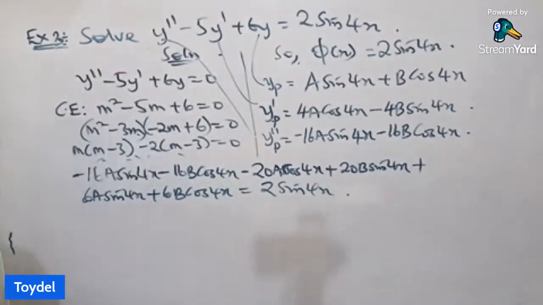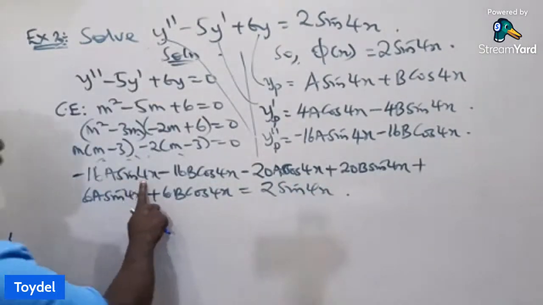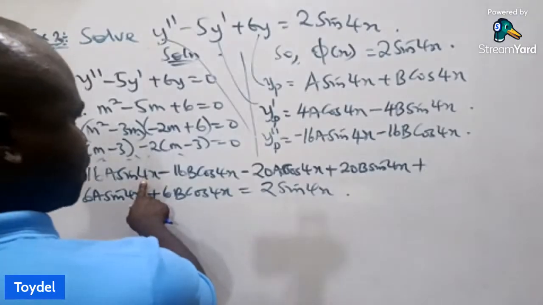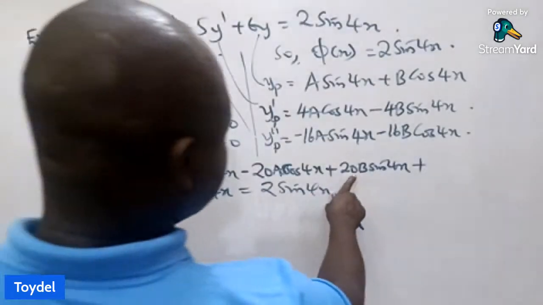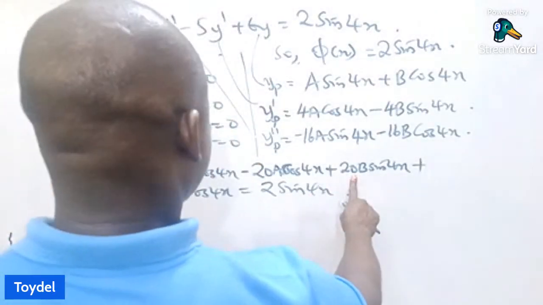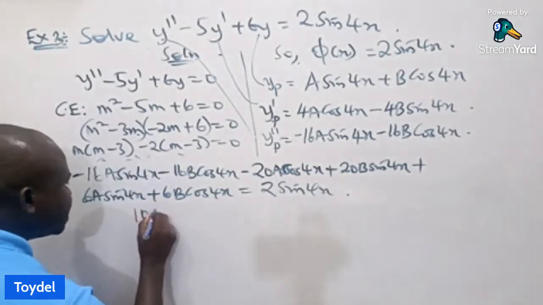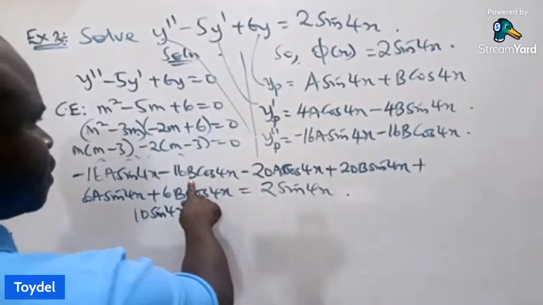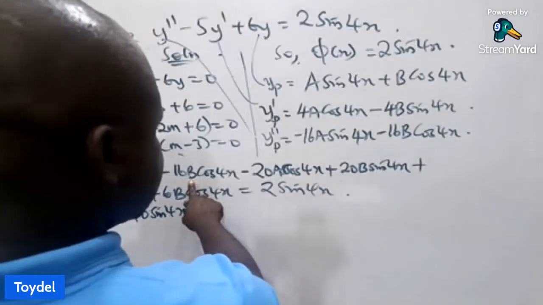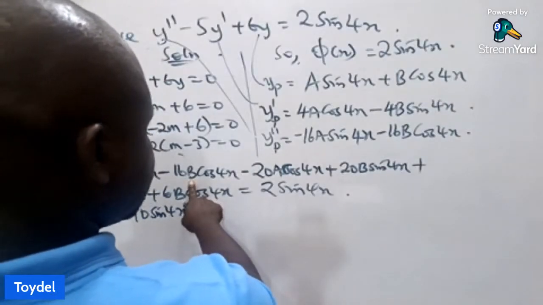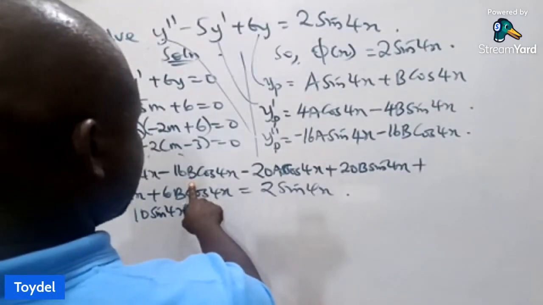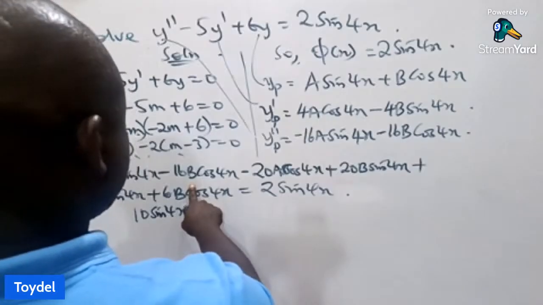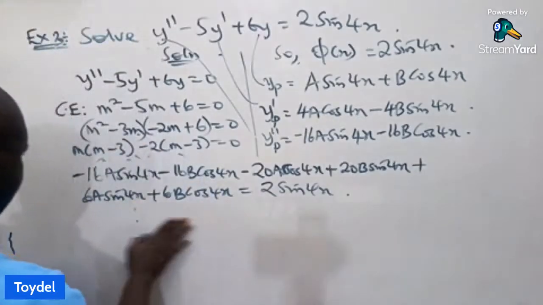So let's collect the like terms. Let's look at the value for sine 4x. Minus 16a sine, minus 16 plus 20, that is 4, 4 plus 6, this will be 10 sine 4x. Then minus 16b cos... no, this is wrong.